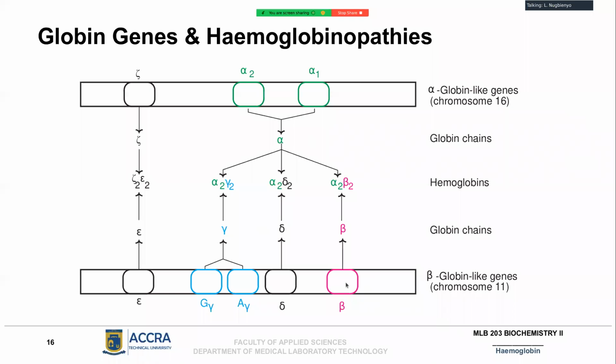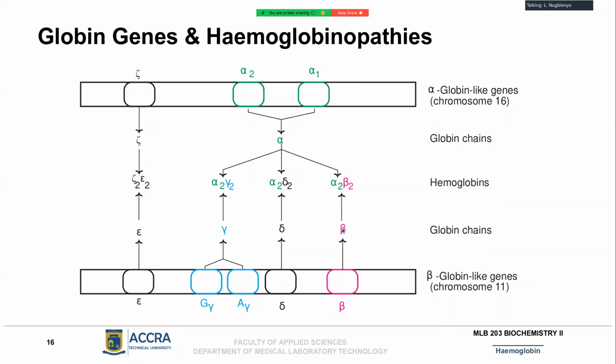So we have the hemoglobin A1, which you looked at earlier as having 2 alpha and 2 beta, which are the major ones. The rest, the delta, the gamma, the epsilon, are not as common as the alpha and beta. So here too we have the beta globins.